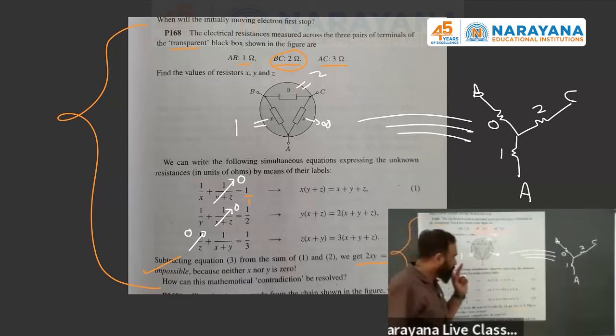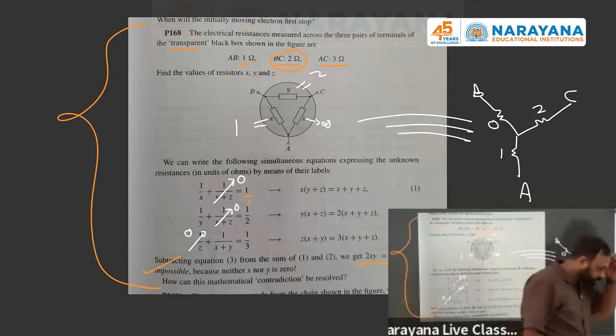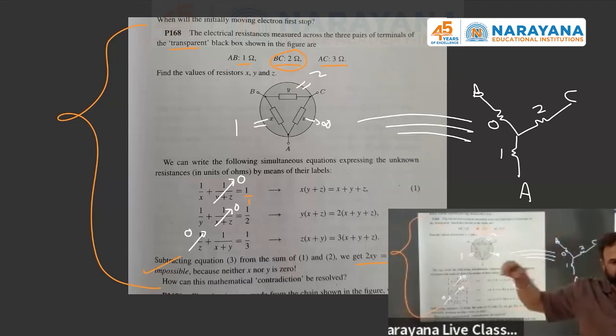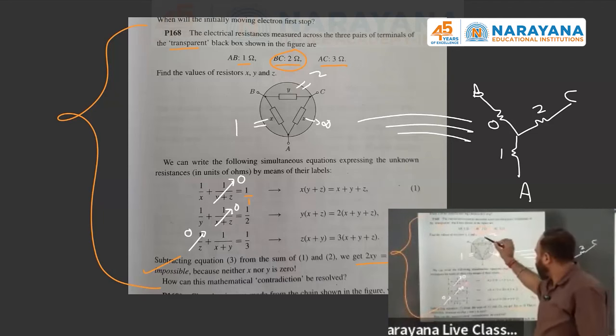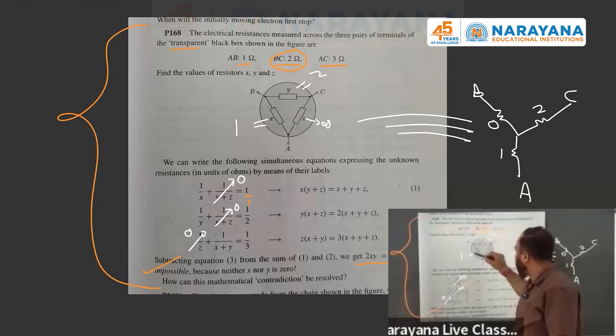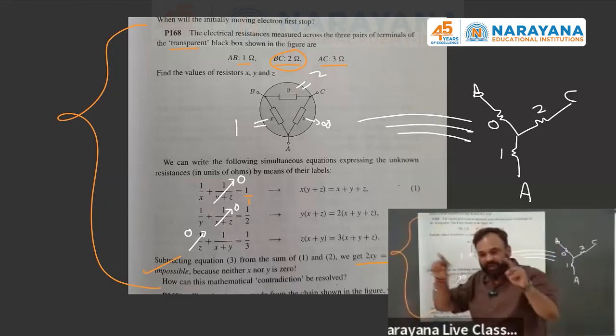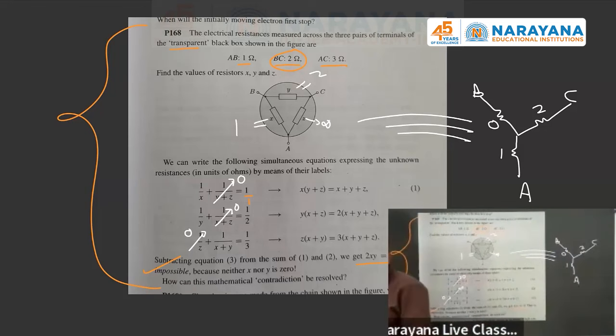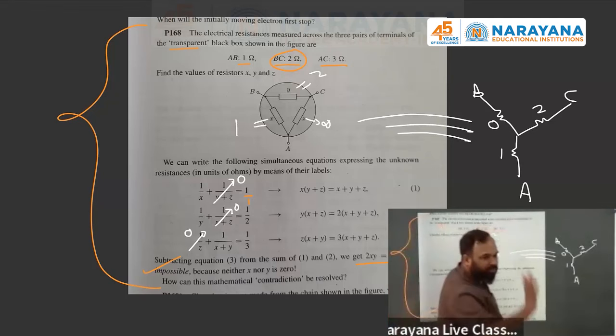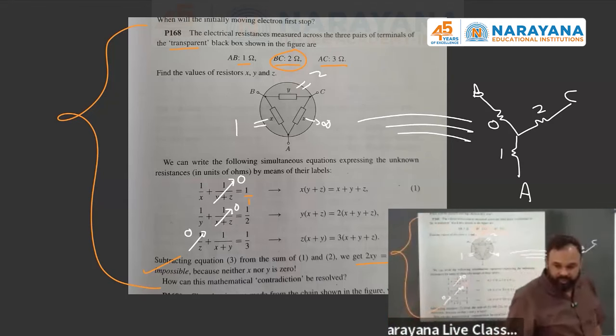One more thing. So the answers are fine. One more thing. If I give you a 3-pin terminal, a black box, not a transparent black box, and only resistances are present, and I give you 3 pins coming out of it, then I know I can convert this system into infinite combinations. That's right.